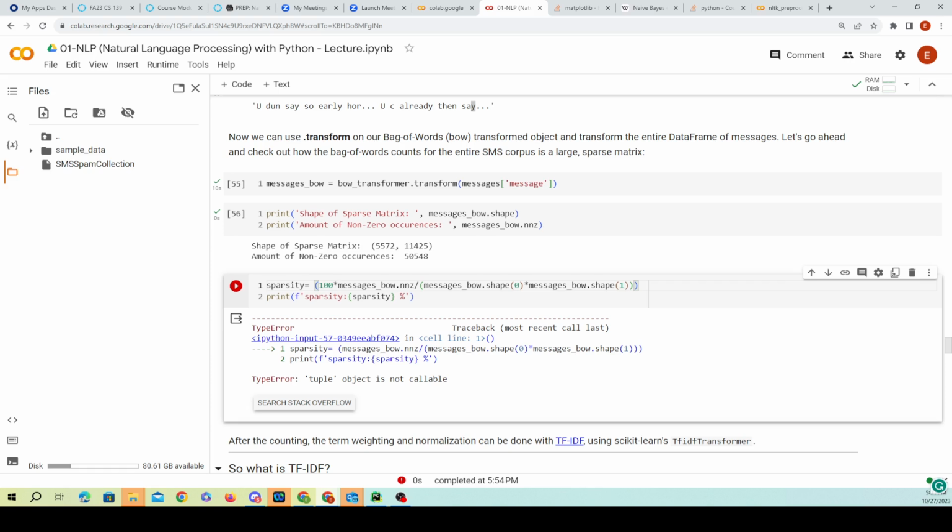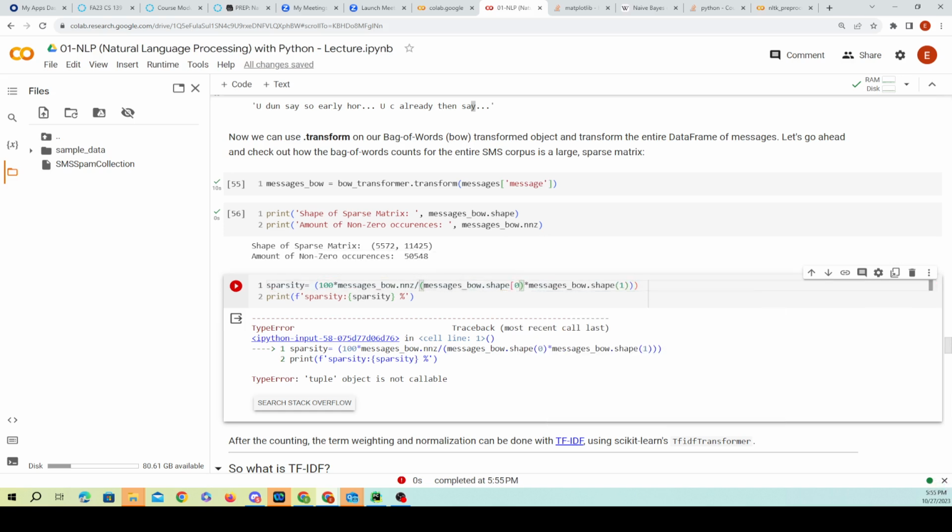Why is this complaining about a tuple? Oh, I used parentheses instead of brackets.